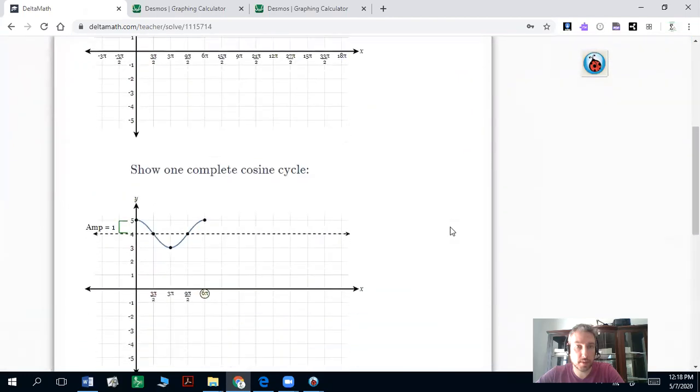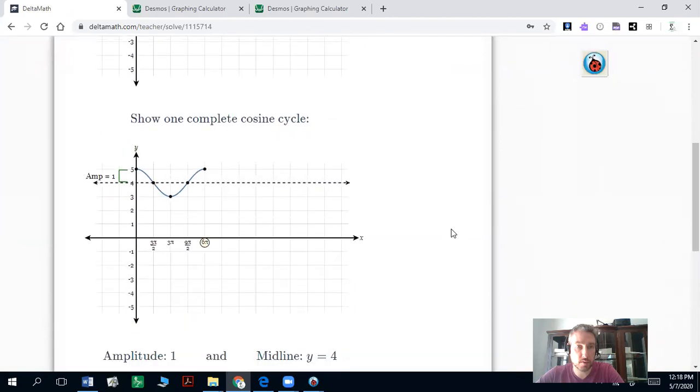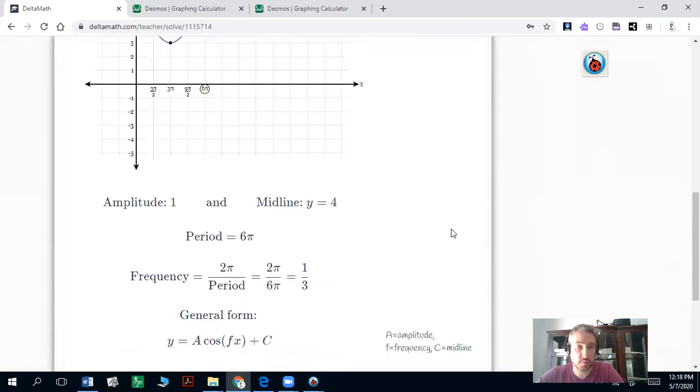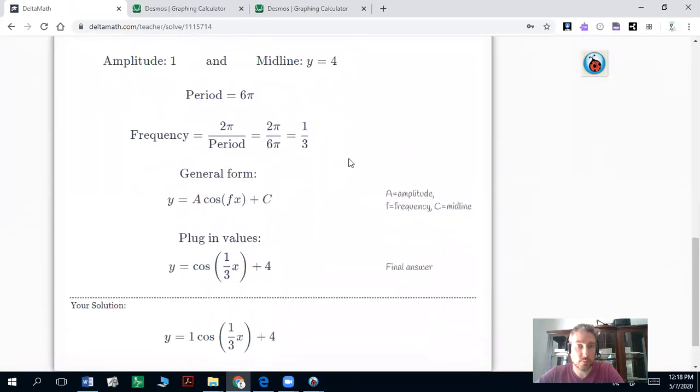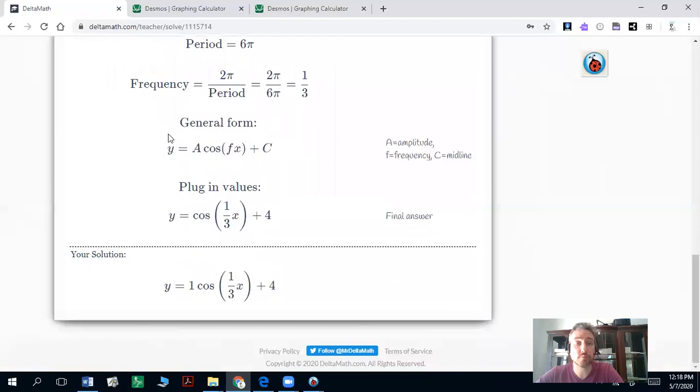And green check means it's good. It tells you what the cycle is, the amplitude being 1, midline is 4. It talks about frequency. That's actually not right. Frequency is not just that b value, but I'm going to ignore that for now. So we don't need the 1 there. As you can see, the answer doesn't have the 1, but putting it there will not hurt it.